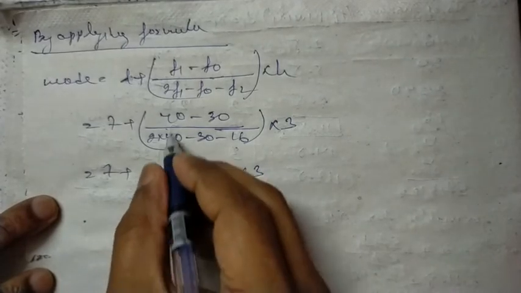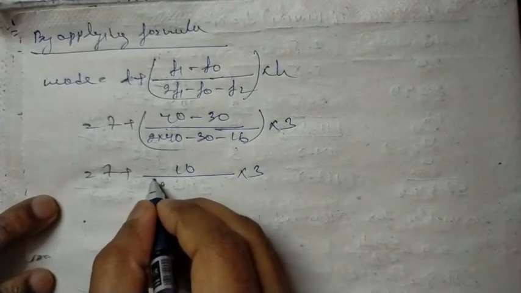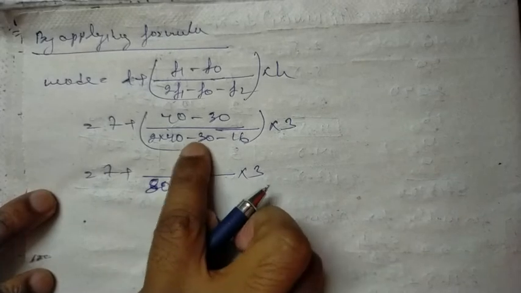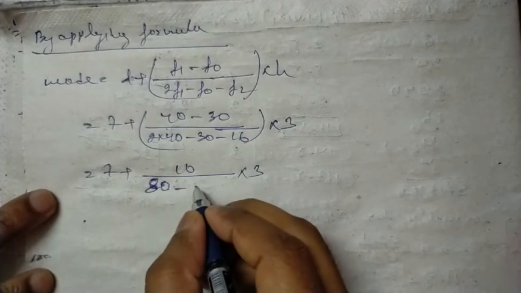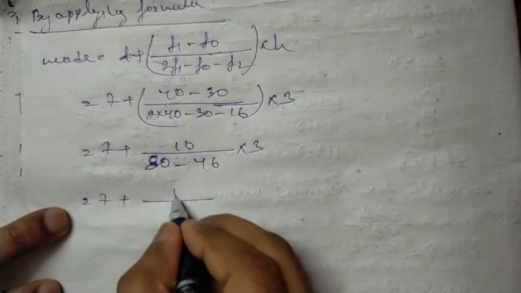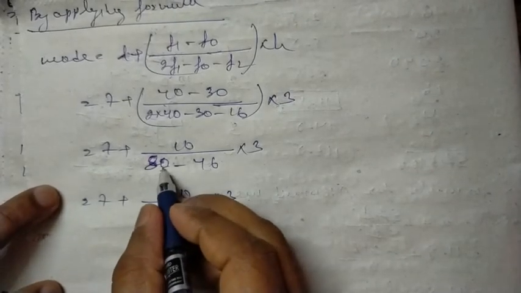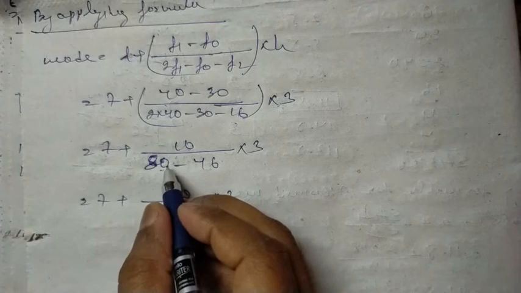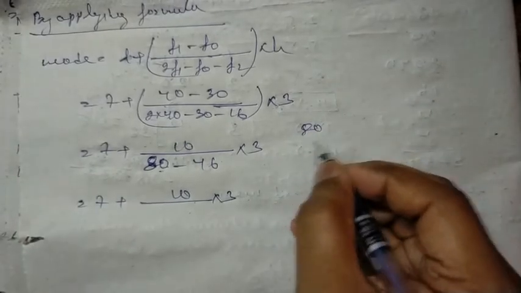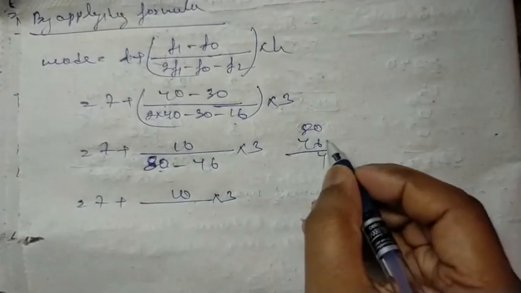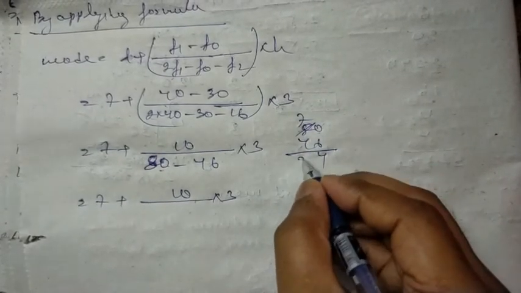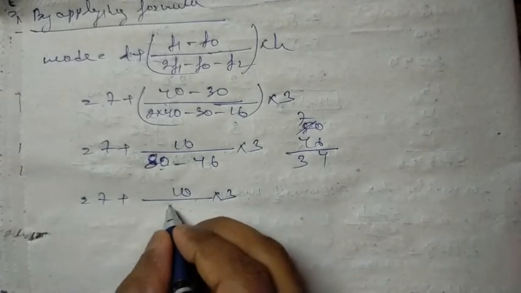If I multiply 2 into 40, it will be 80. 80 minus 30 minus 16, I will get this one, minus 46. 7 plus 10 into 3, if I minus this one, 80 minus 46, I will get here 34.